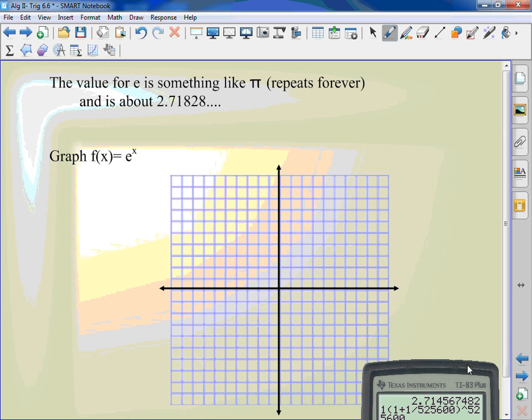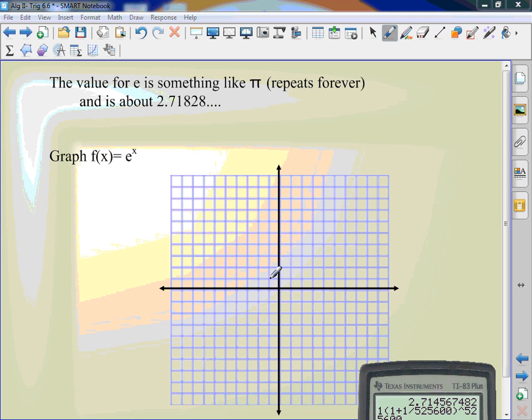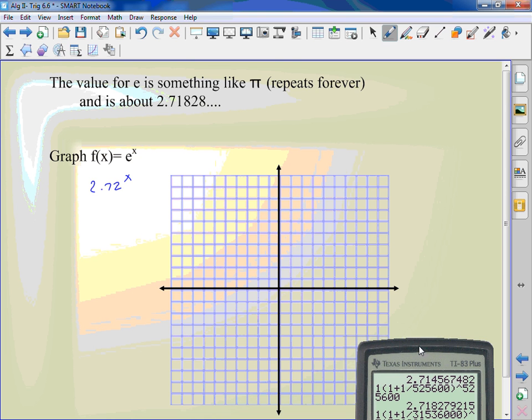If I graph e of x, that is pretty much saying 2.72 to the x power. How is my graph going to look? You should know. It's going to be something and then boom, like that.